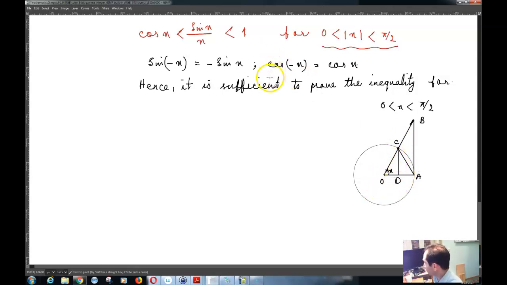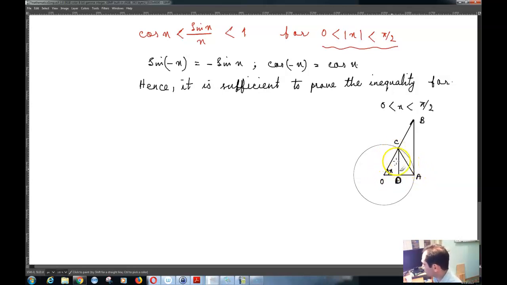Now, remember that this is a unit circle, meaning the length of OA is equal to 1 unit.